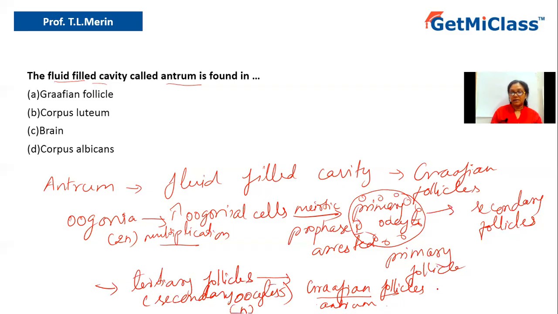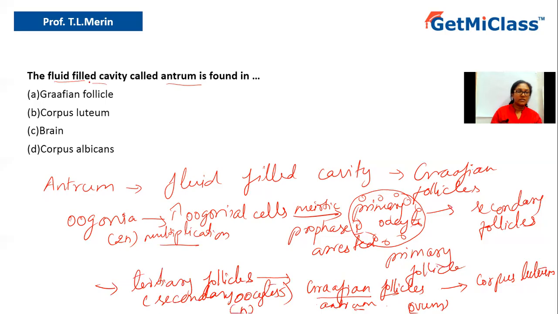Further, the Graafian follicle will rupture and release the ovum, and this will form the corpus luteum. So these are the various stages: the ovarian cell gets converted to primary follicle, then secondary follicle, then tertiary follicle, then Graafian follicle where the antrum is present, and then the corpus luteum.